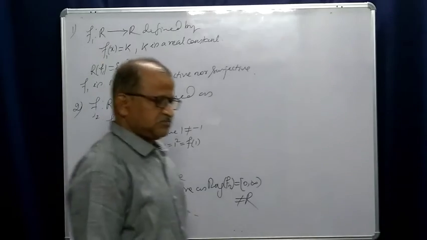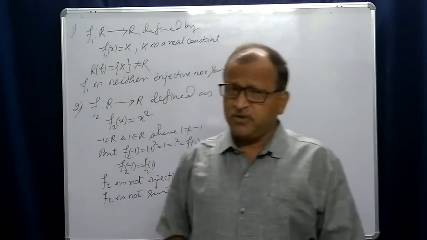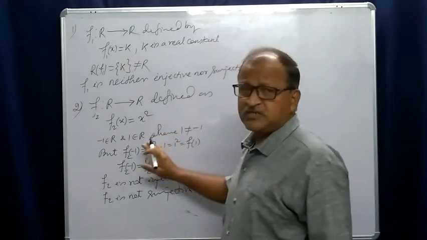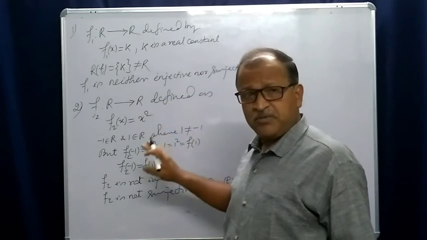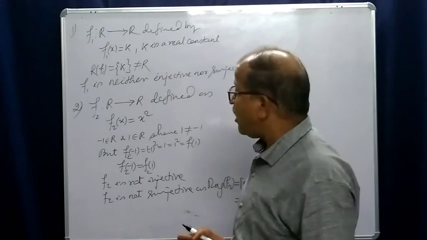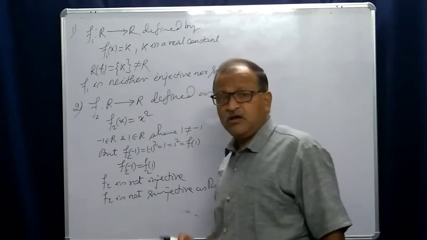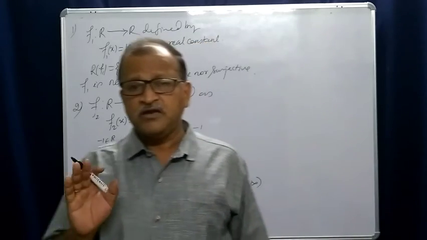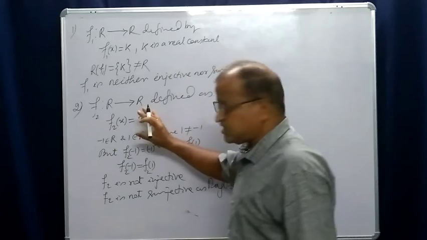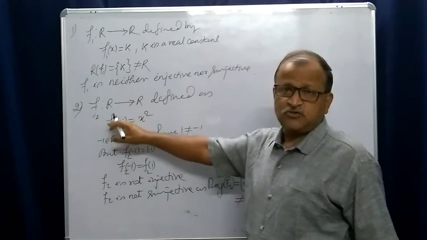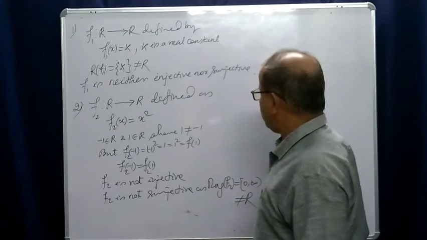f2 is not surjective. But you see, this function can be made injective and surjective. How? By restricting its domain as well as its codomain.